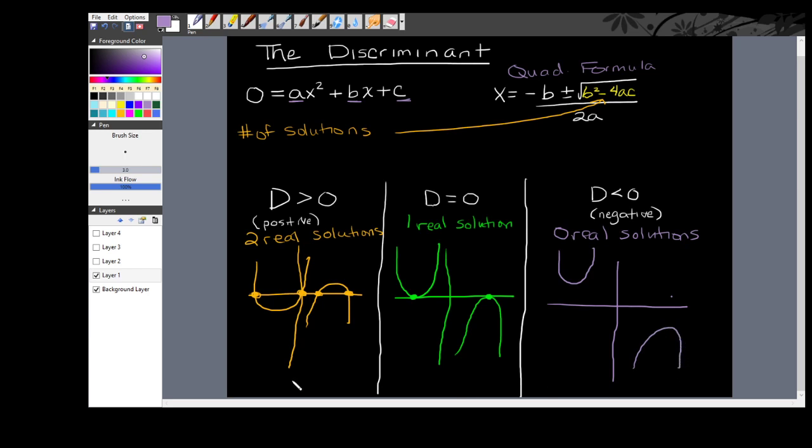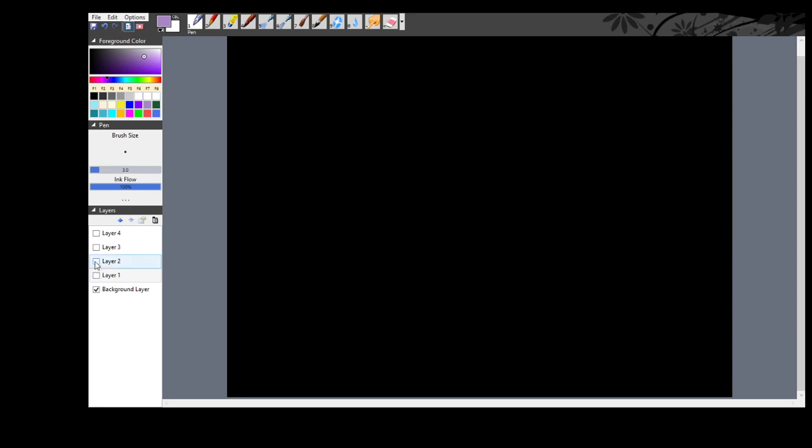Alrighty, so let's do a couple of examples just to see how we would apply this. Here's our first example. First we need to identify our a, b, and c values. My a here is 2, b is 7, and c is 1. So I'm going to use the formula b squared minus 4ac and plug in those values.